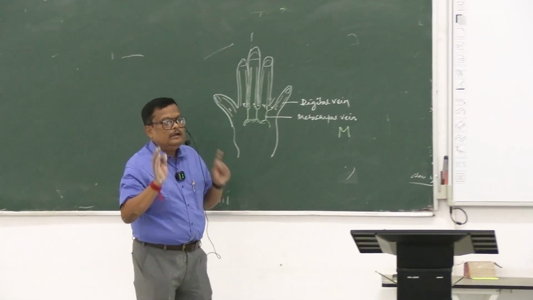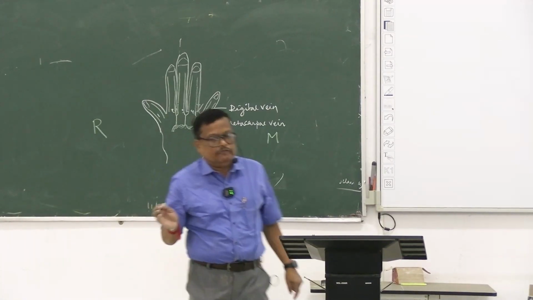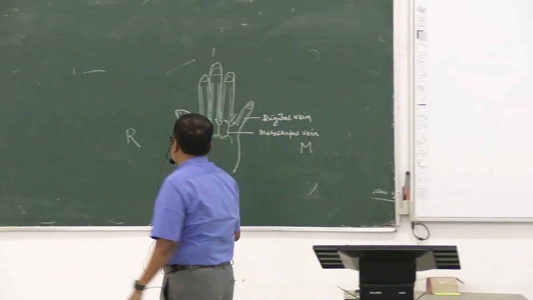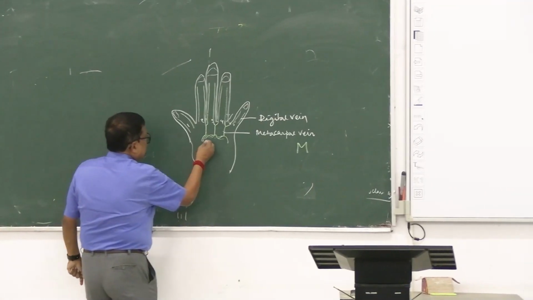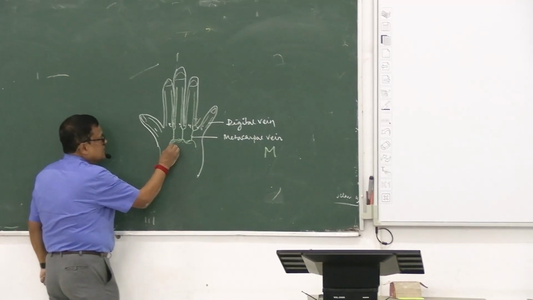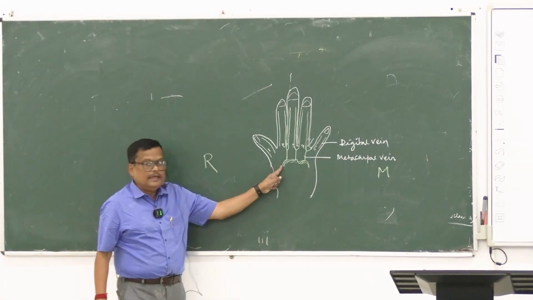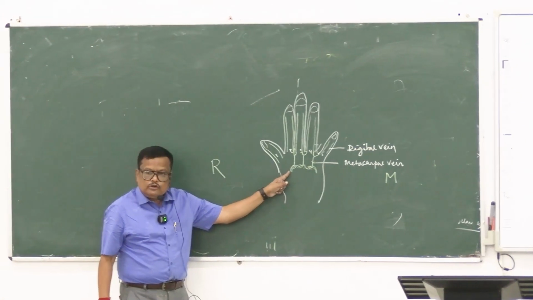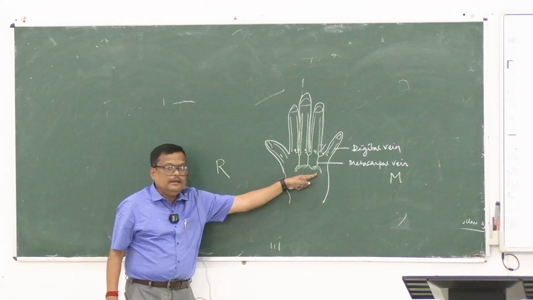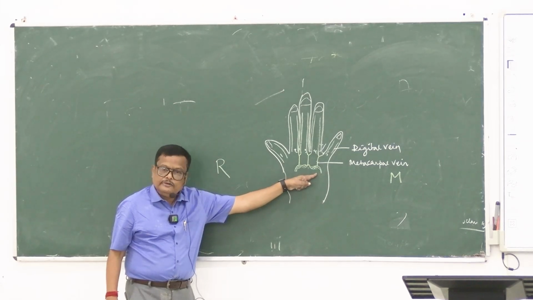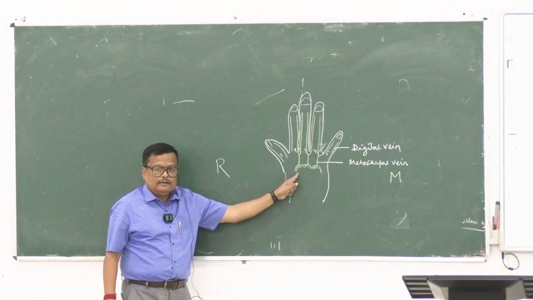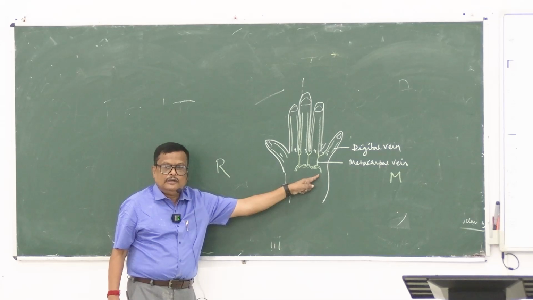Now, for the beginning of both the cephalic and basilic veins: this is the lateral end of the dorsal venous arch and this is the medial end of the dorsal venous arch.